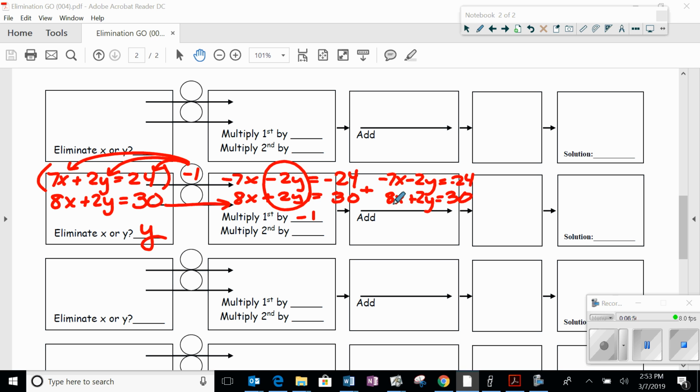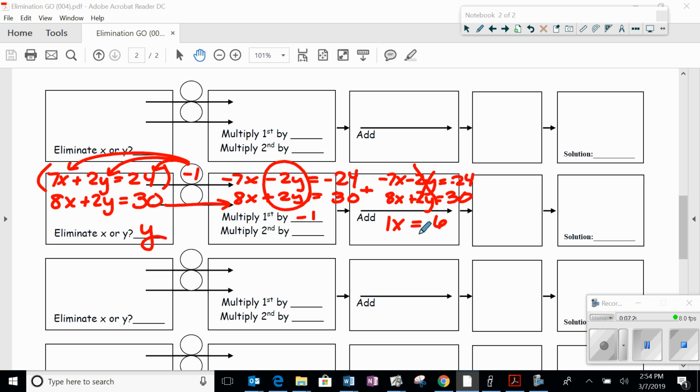So when I add my x's, -7x plus 8x, I get 1x, because the negative and the positives cancel out, leaving you with 1x. -2y plus 2y eliminates the y values. -24 plus 30 leaves you with a positive 6.